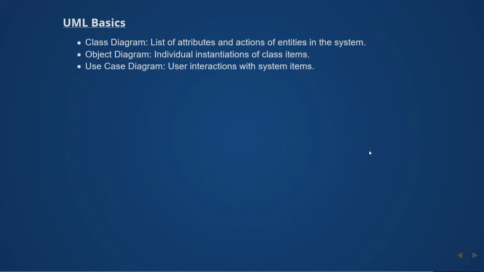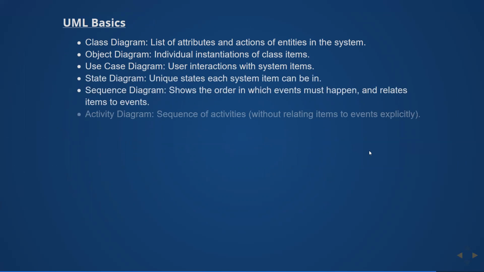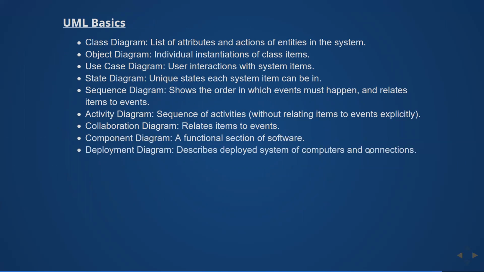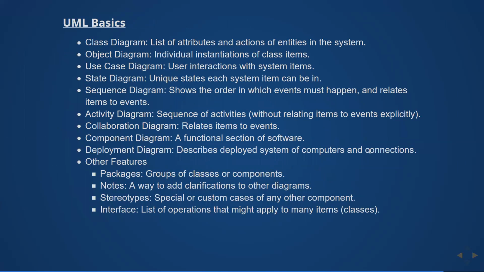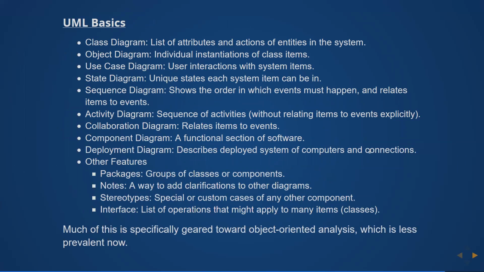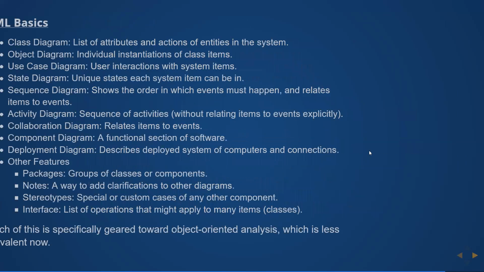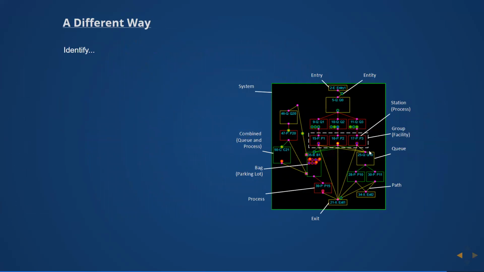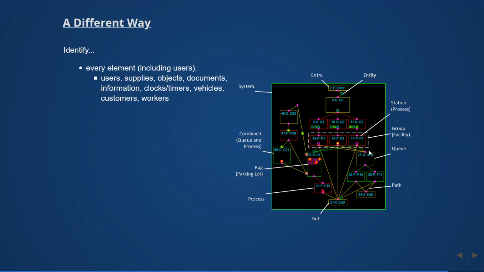So if we wanted to talk about UML in detail, it includes all these elements, but I particularly like to talk about it in my own language. So you want to identify and then analyze every possible element, which are entities and process blocks and communications and interfaces.